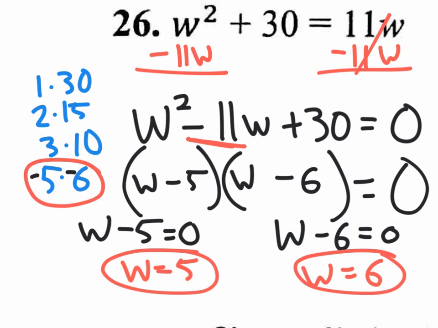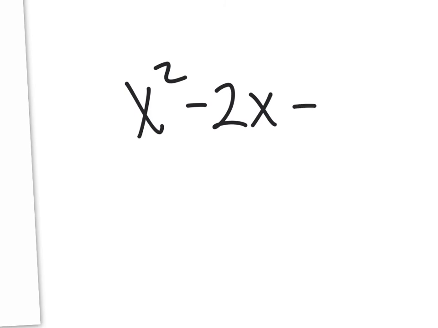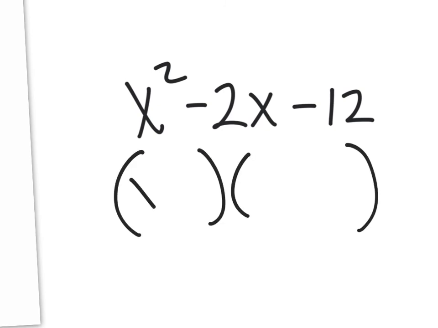Now sometimes you're not going to be able to factor, guys, and that's totally fine. Like if I told you x squared minus 2x minus 12, and I tell you factor it. Now you're probably thinking, oh, well, the a value is 1, so I could just jump to my shortcut. Yeah, that's a great first step. And now you're thinking, what times what is negative 12 that if I add together is negative 2?